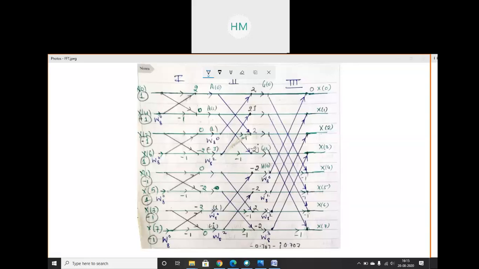हाँ, 2 minus 2j. Yes, yes, yes. It's correct answer. x of 2. Right. Aditi, answer is correct. 2 minus 2j. Find out the next answers.